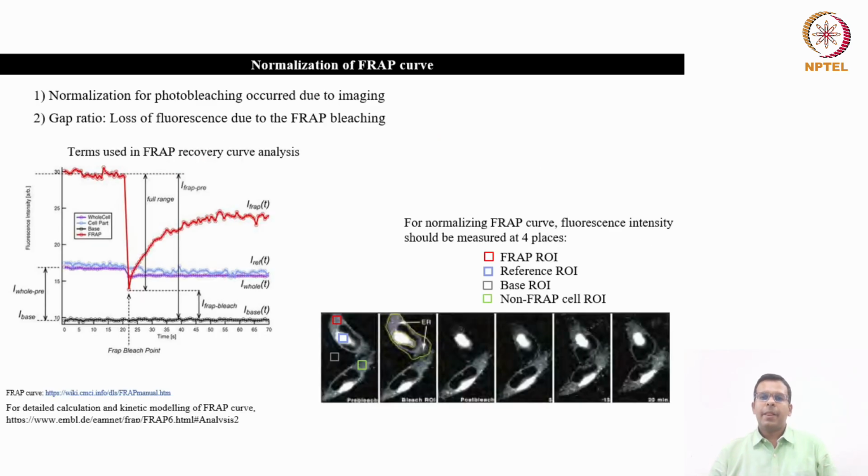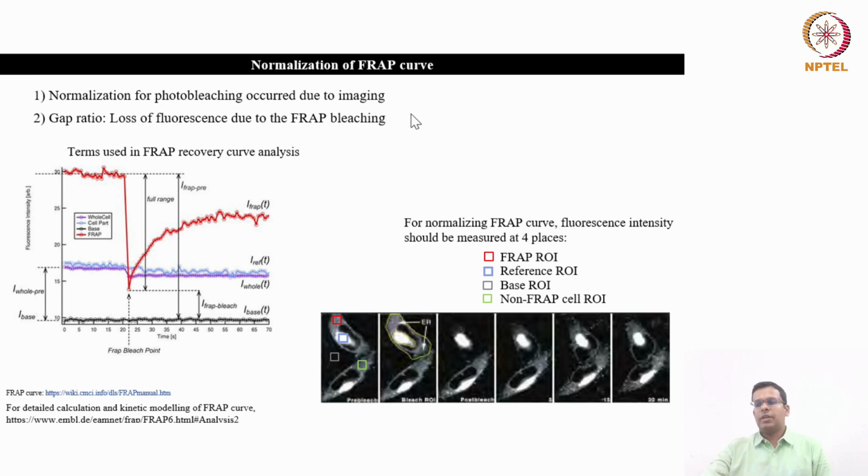Now on this slide, I will show you how to normalize the FRAP curve. FRAP is a highly quantitative method, so for better quantification, you need to normalize the FRAP curve. Why is normalization essential? The first thing is normalization for photobleaching that occurred due to imaging.